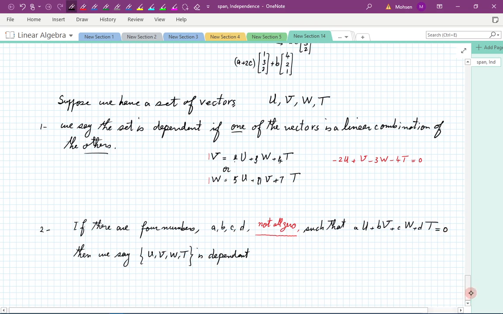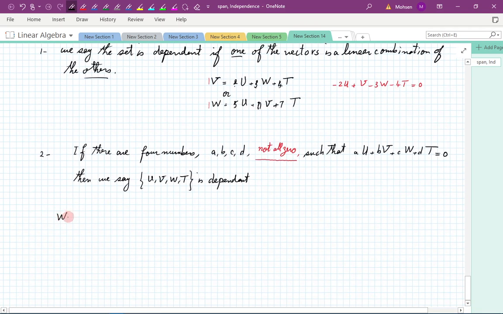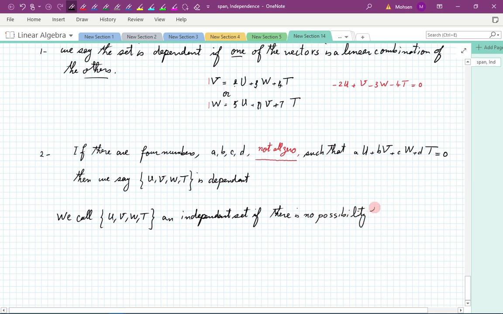So the other side of the coin is the following. We call U, V, W, T an independent set if there is no possibility for AU plus BV plus CW plus DT to be 0 other than the trivial choice of picking a 0 multiple of each of them.